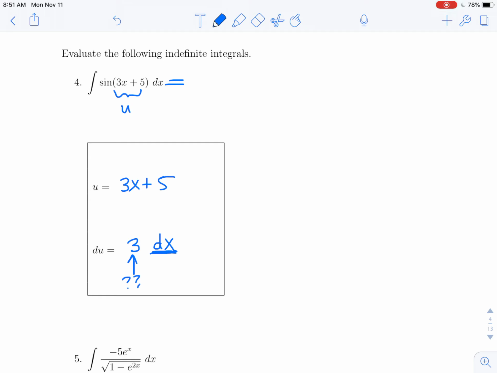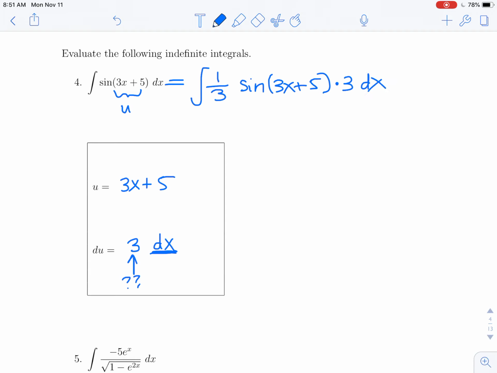Now, we can't just throw in a 3 because that would change the value of our indefinite integral. But we can always multiply by 1 without changing anything. So let me make that look a little bit more like a 3. Let's throw in a third and then do sine 3x plus 5 times 3 dx.